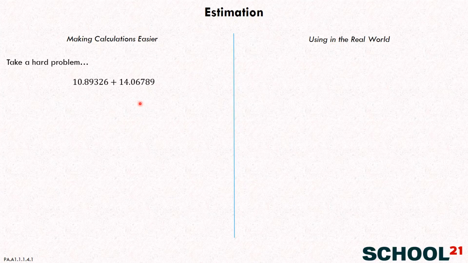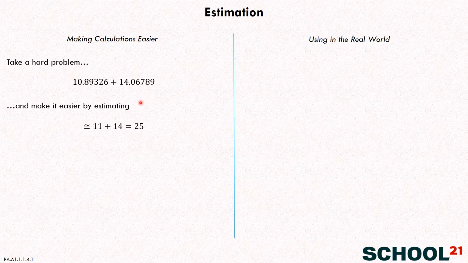you can use estimation. And what we do with estimation is we find an easier way to do it by looking at what the numbers are approximately equal to. So you can see that 10.89 and the rest of these numbers, that's kind of close to 11, right? If you round it up? Okay. And how about 14.0678?